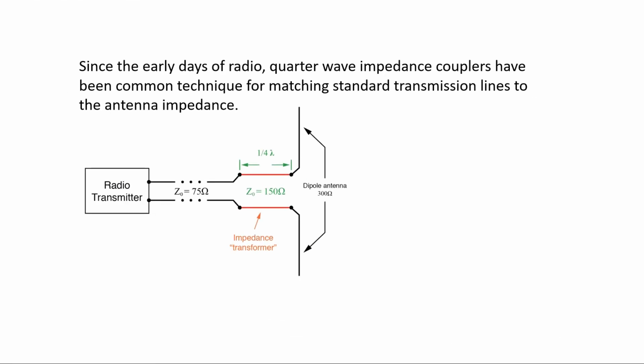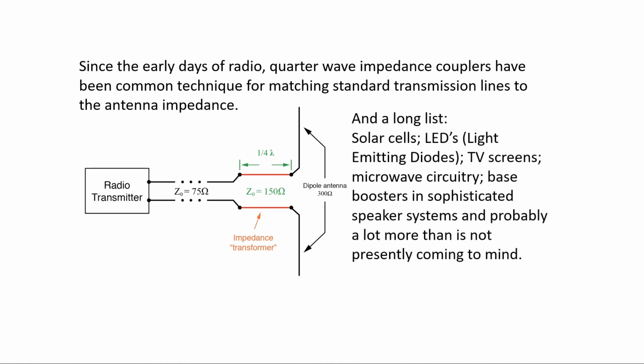Since the early days of radio, quarter wave impedance couplers have been a common technique for matching the standard transmission lines to the antenna impedance. And there's a long list: solar cells, LEDs, TV screens, microwave circuitry, bass boosters and sophisticated speaker systems, and probably a lot more that is not presently coming to mind.